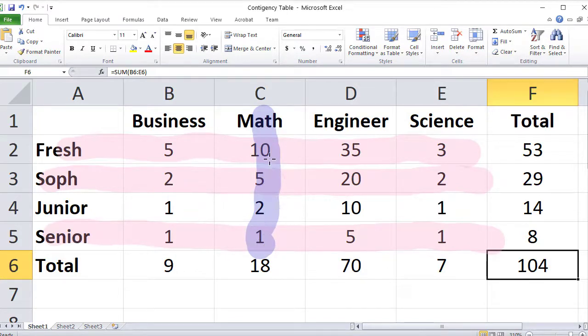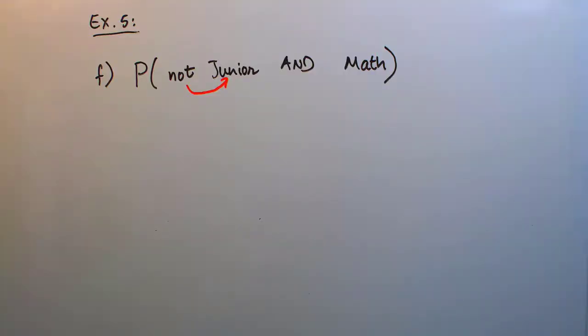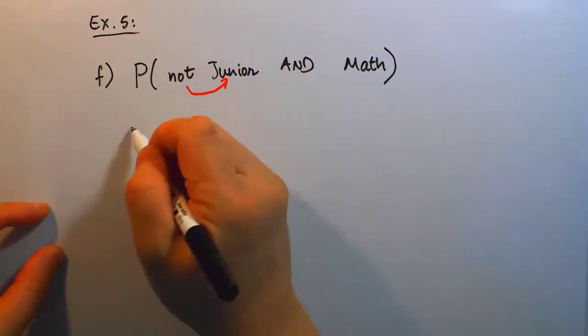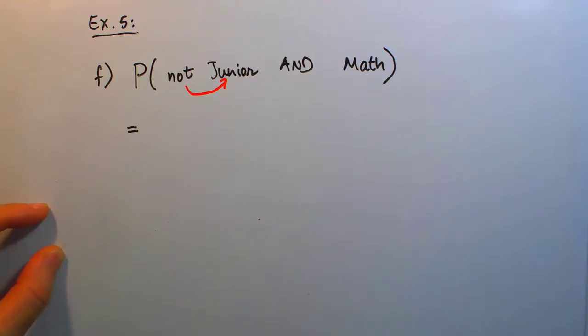These entries will answer the probability of being not junior and at the same time being a math major. Back to our problem, the way to write out the answer is to total up all those counts we saw intersecting between the two colors.